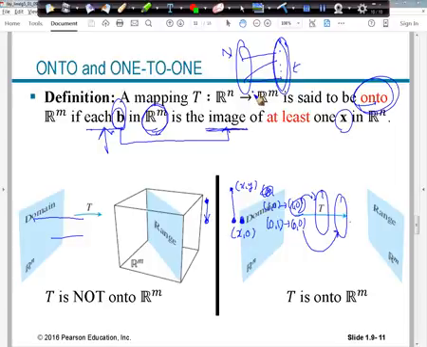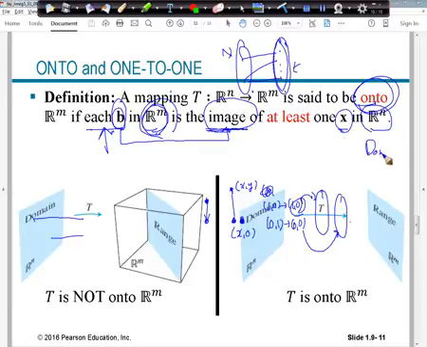There can be multiple vectors that shoot the arrow to the same guy, and that is completely fine, but at least any vector b in our codomain should get hit at least once. It means it is the image of at least one element x in our domain, right?